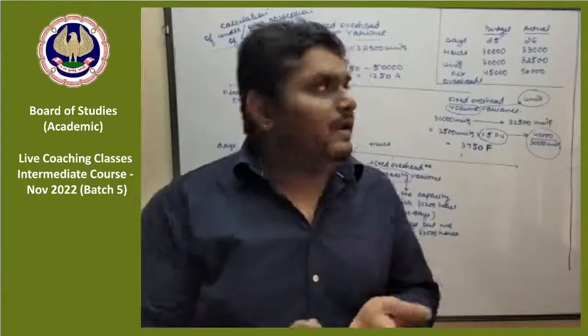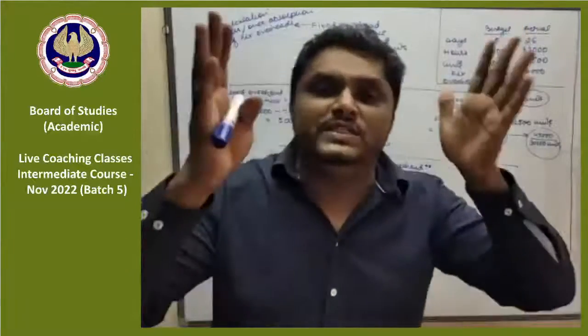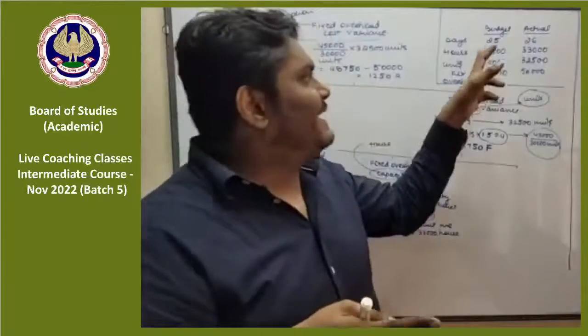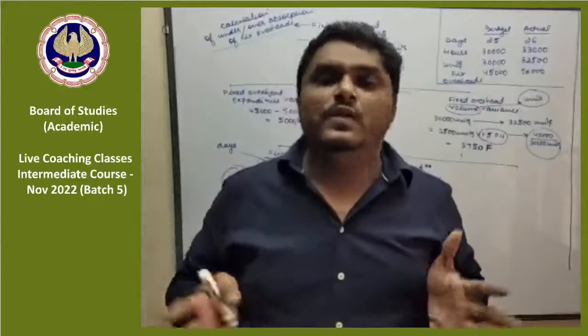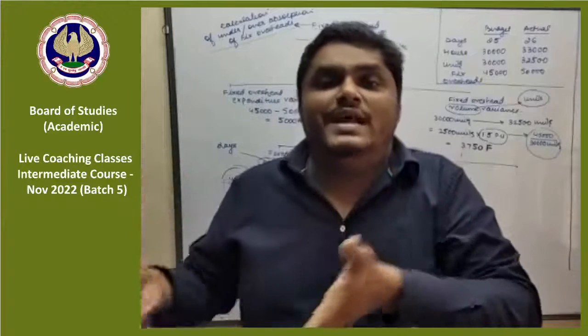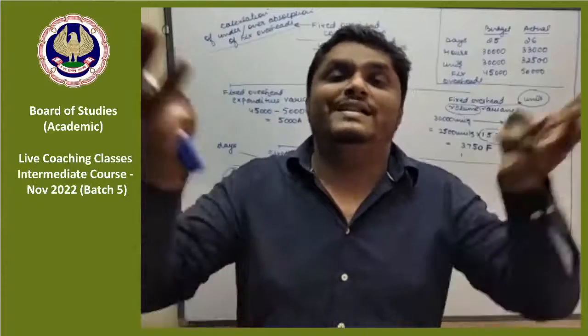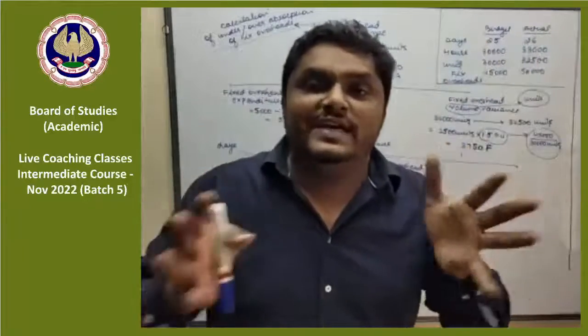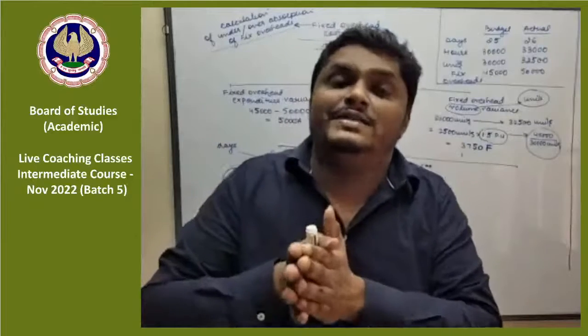I repeat again: if it were 25 days budgeted and 25 days actual, we could simply say that we have the capacity to work for 30,000 hours in 25 days, we actually worked 33,000 hours, so 3,000 hours extra. But herein there is a change in days. The budgeted days are 25 and the actual days are 26.